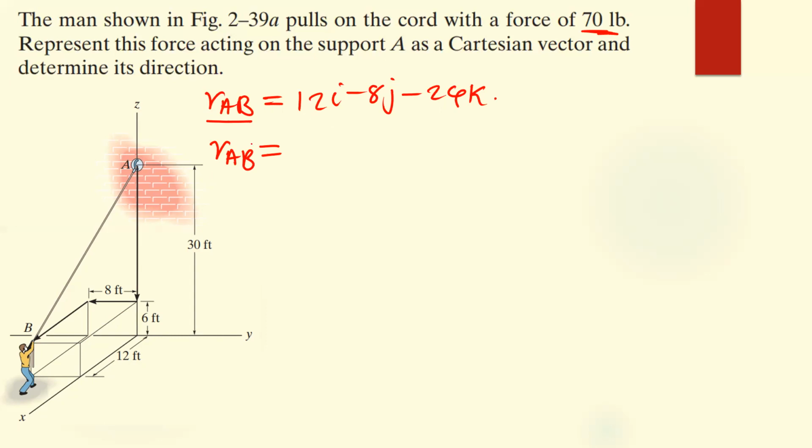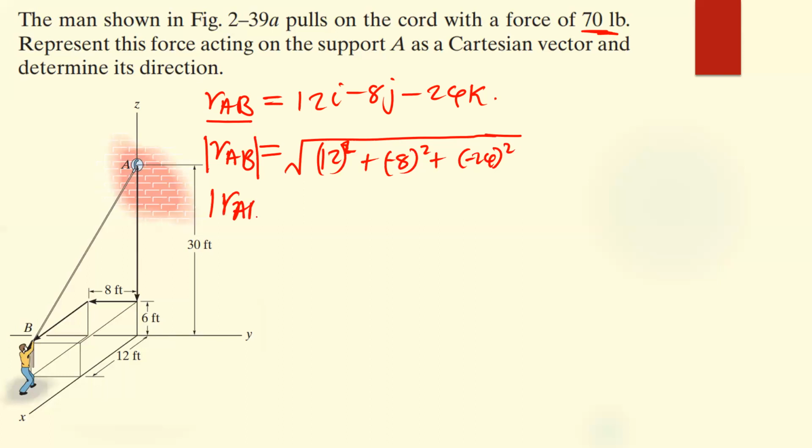So the magnitude of AB will therefore be equal to the square root of 12 squared plus negative 8 squared plus negative 24 squared.